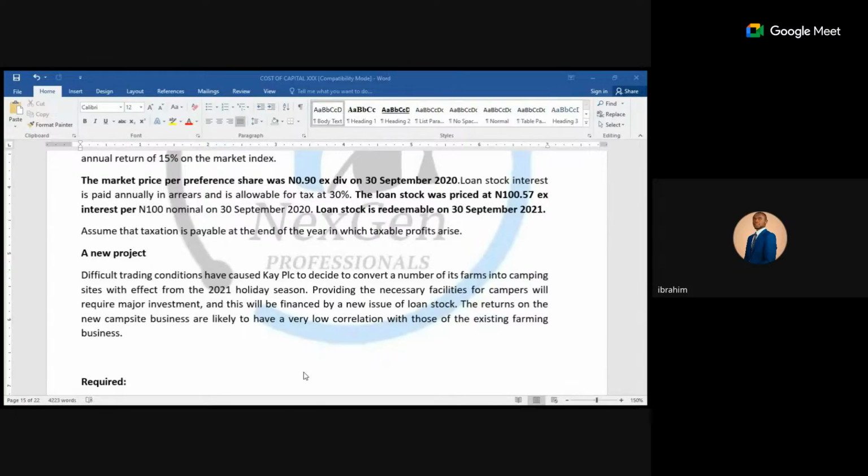I quickly gave the example of level of gearing, whereby you see that a company's level of gearing is below 50%. This company is lowly geared. Now, what will make that gearing increase? It could be that they borrow more funds from the market or from bank loan.